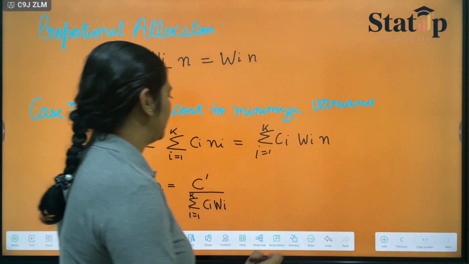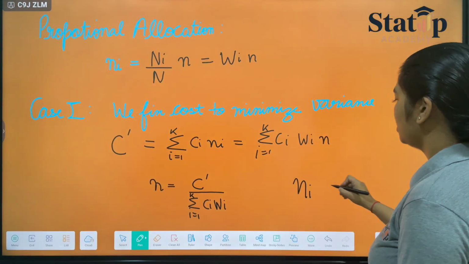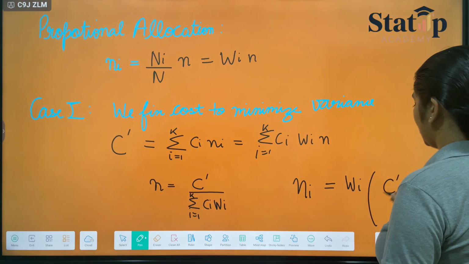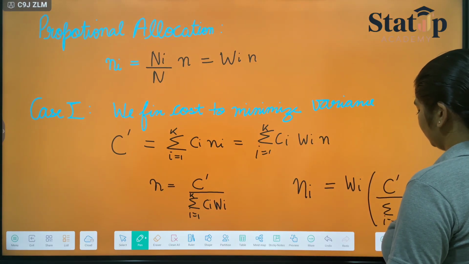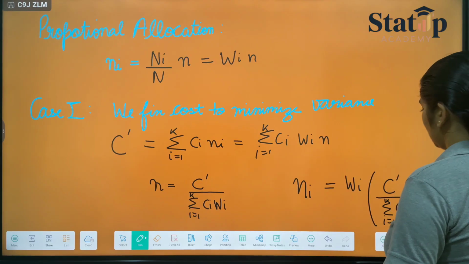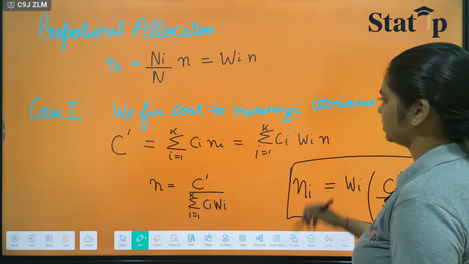And hence our value for small ni, substituting in this equation, we will get Wi into C dash upon summation i goes from 1 to k Ci Wi. This is the value for ni when the cost is fixed.